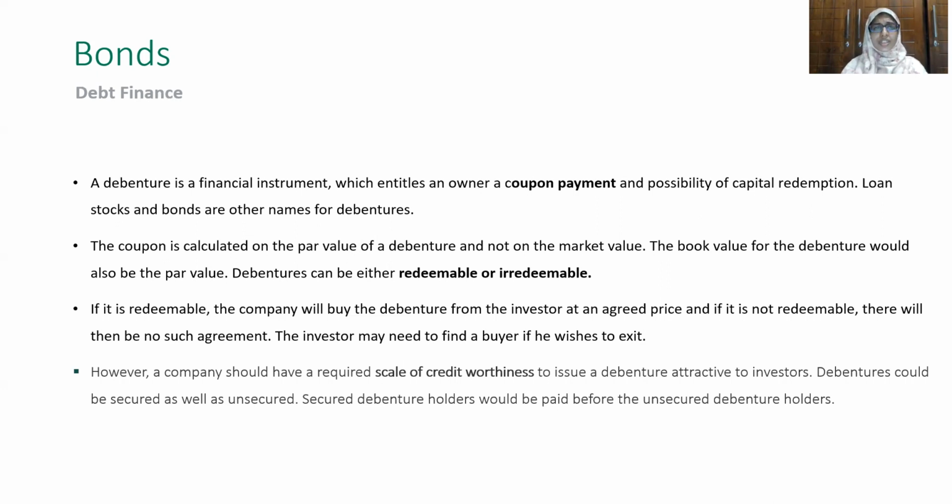A debenture is a financial instrument which entitles an owner to a coupon payment and a possibility of a capital redemption. So basically, a debenture is a financial instrument, and the owner is entitled to what? A coupon payment. So what is a coupon payment? Now you wonder what a coupon payment is.